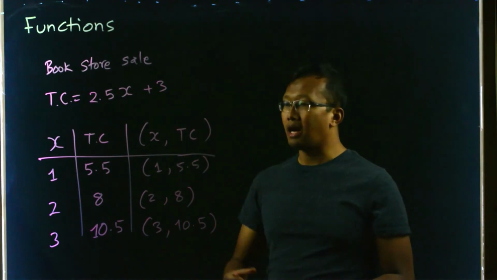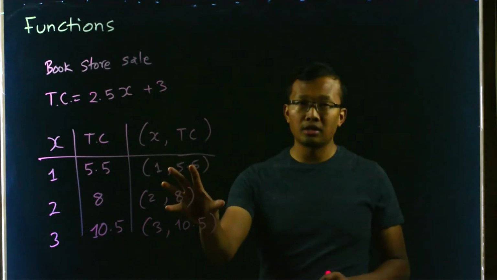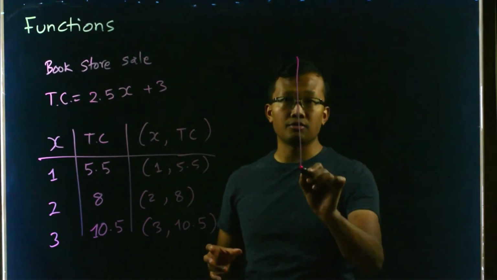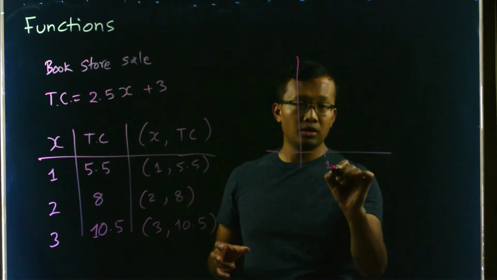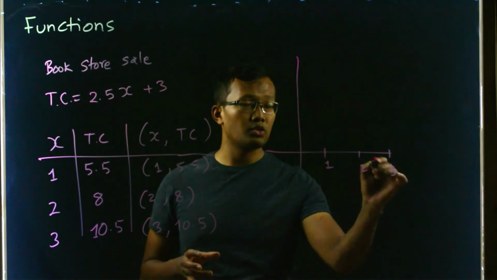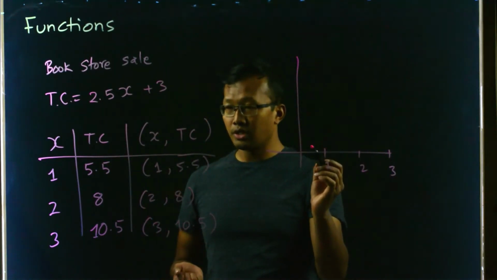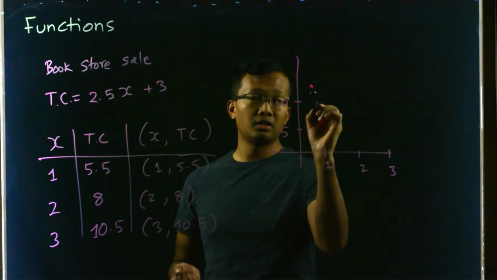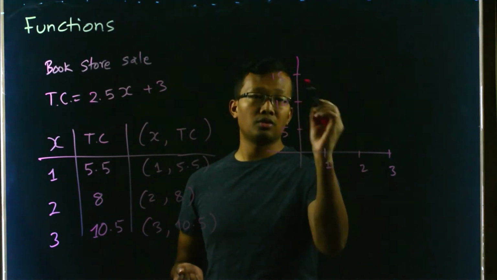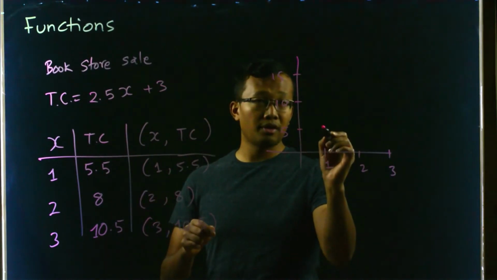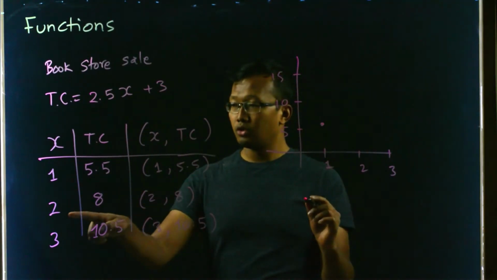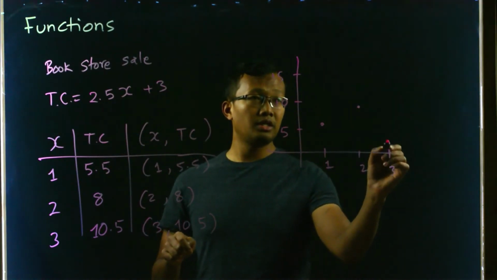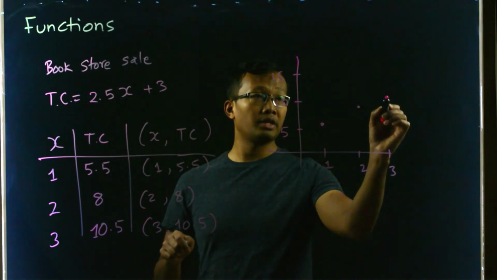Now you should be able to plot these ordered pairs in a Cartesian plane, just like this one. 1, 2, 3, and so on. And if you consider 5 to be here, 10, 15, and so on, then 1 comma 5.5 would be somewhere here, 2 comma 8 would be somewhere around here, 3 comma 10.5 would be somewhere here.